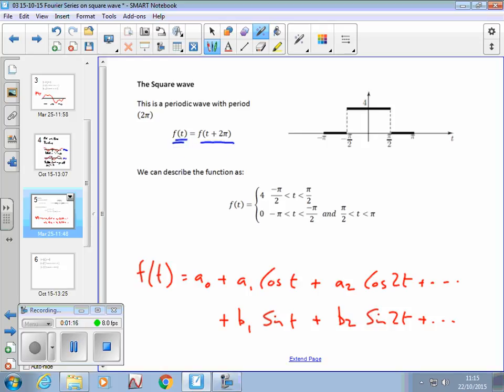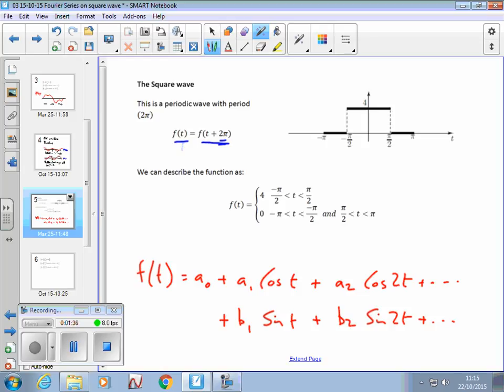In other words, if I take any time t along this period, what this is saying is that this function at time t is exactly the same 2 pi later. In other words, the value of the function at t is the same as at t plus 2 pi.